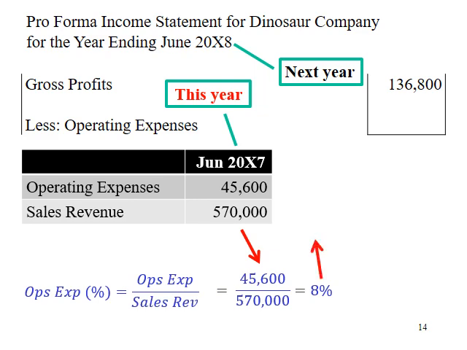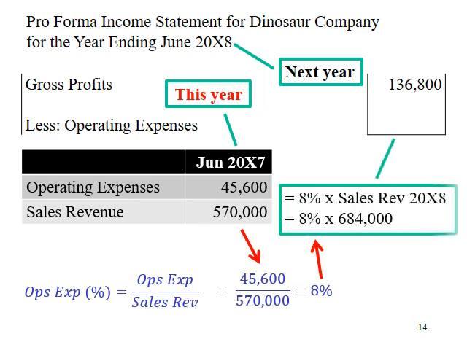We'll use this 8% to find the operating expenses for next year. So 8% times sales revenue of next year is 8% times 684K gives you 54,720.